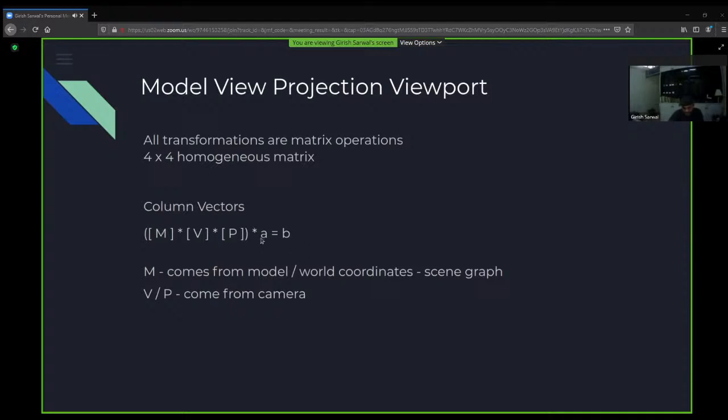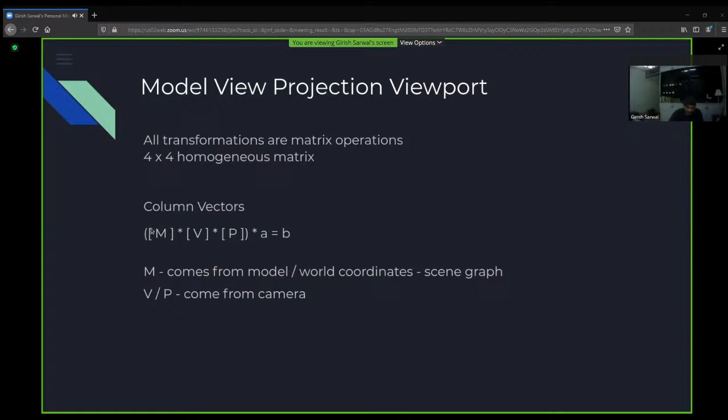So in this entire calculation, we multiply the vectors of that model with the model transformation, followed by the view transformation, followed by the projection transformation. If you go back to our lecture 1 where we discussed what the graphics pipeline is, you would remember that we were multiplying our objects with the MVP matrix to get it to the screen, and this is exactly what we are multiplying it with here.